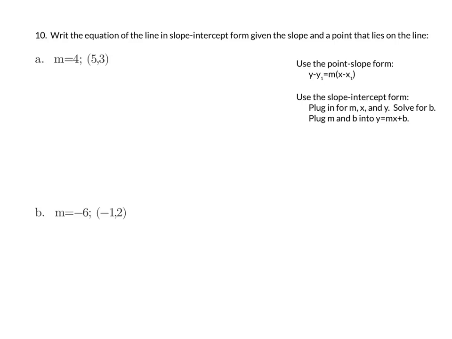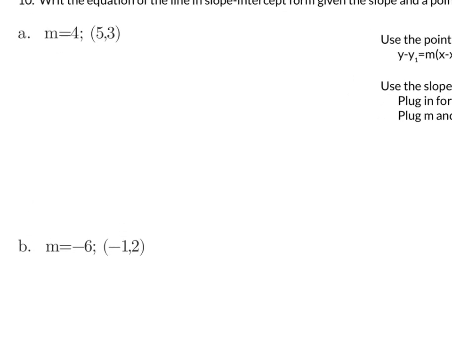So the way that we did this originally was we used the point-slope form for the equation. And the point-slope form is y minus y1 equals m times x minus x1. So we're going to go ahead and do this for problem A.